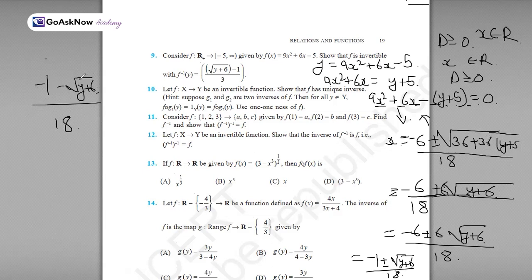It should be 0. So it will come minus 1 by 18. Okay, if I take 0 here, it will come minus 1 by 18, and it will come out to be equal to a negative value.